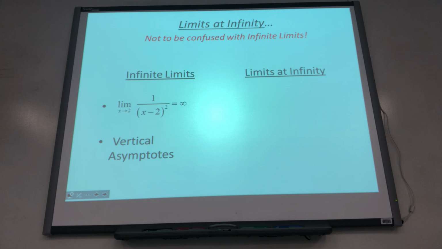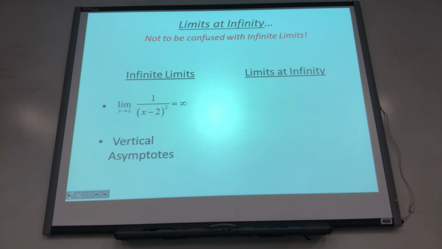Okay, so let me come over here and talk about limits at infinity. Believe it or not, it is different. And you really have to see the difference. Thinking about your quiz tomorrow, I won't really specify this is an infinite limit, this is a limit at infinity.